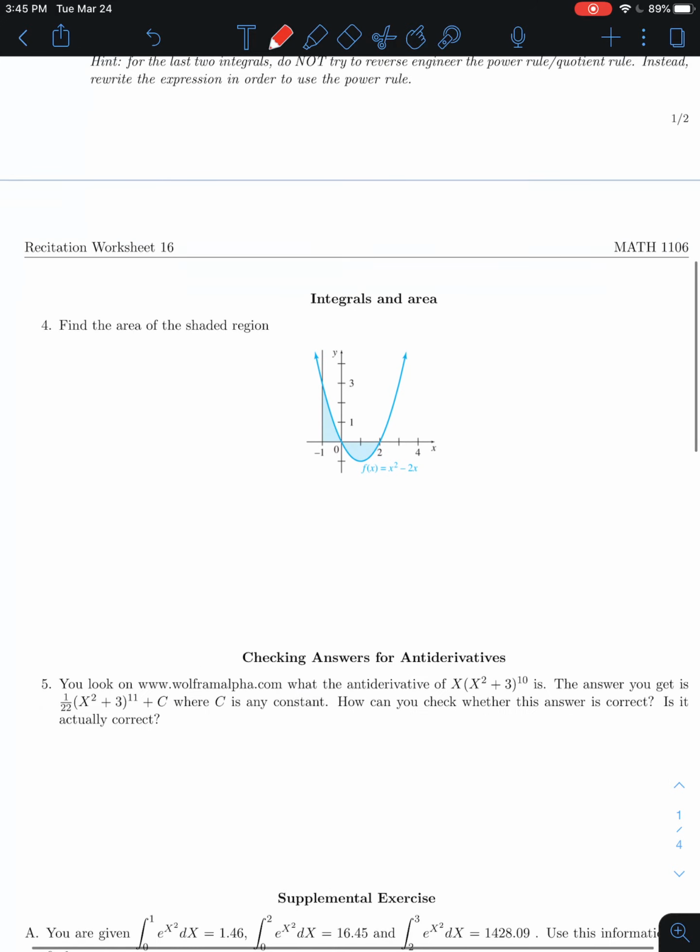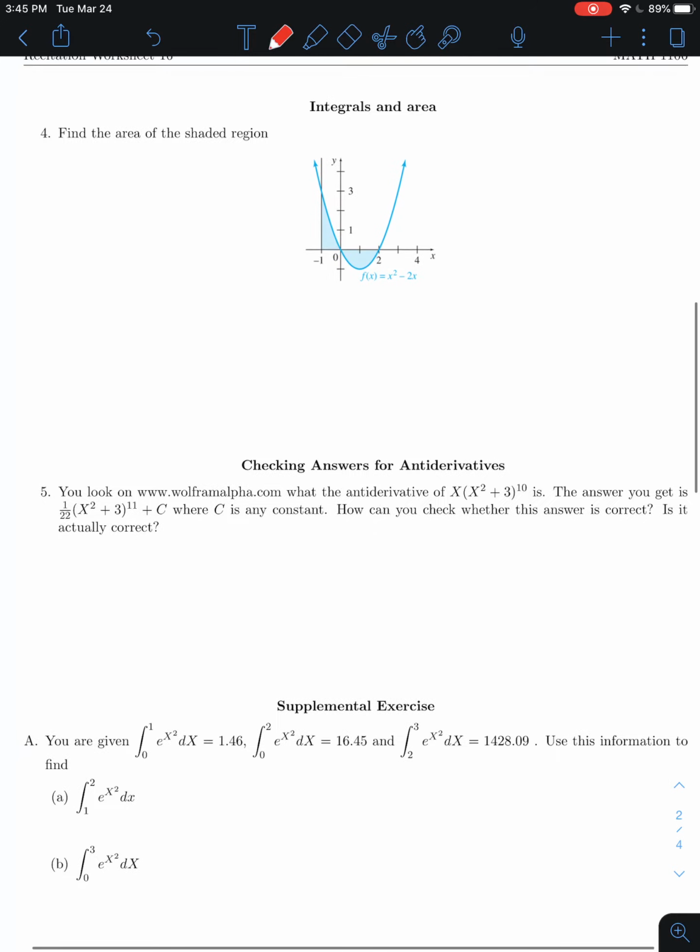Next, let's take a look at question number 4. Here we're told to find the area of the shaded region. And the thing we want to notice is that the bottom edge of this first piece of the shaded region is the x-axis, and the top edge of the second piece is the x-axis.